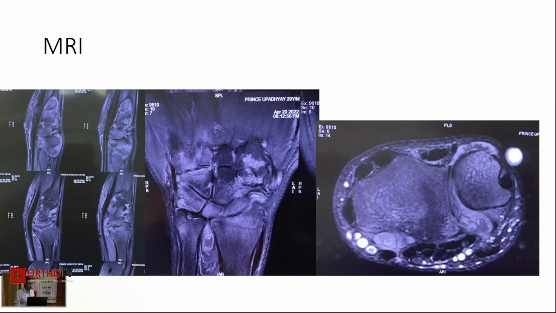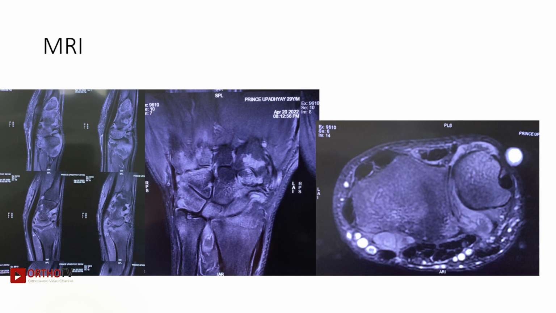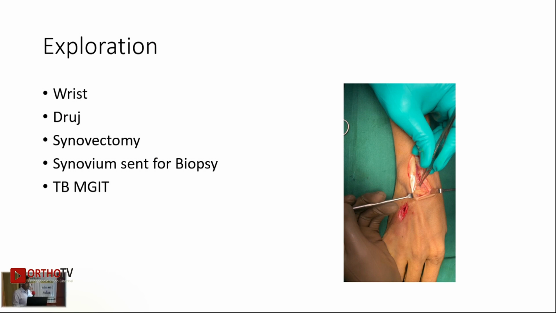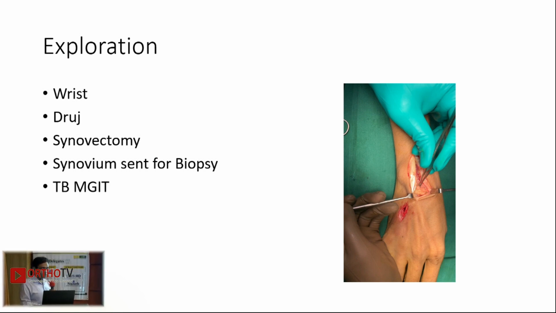You can see that there is a lot of involvement on the MRI and a lot of erosion. The significant thing here is that the DRUJ is significantly involved, and there is a swelling coming inside here. Exploration was done. In this open exploration, the DRUJ was also explored, a synovectomy was done, and the synovium was sent for biopsy, and TB-MGIT was done.